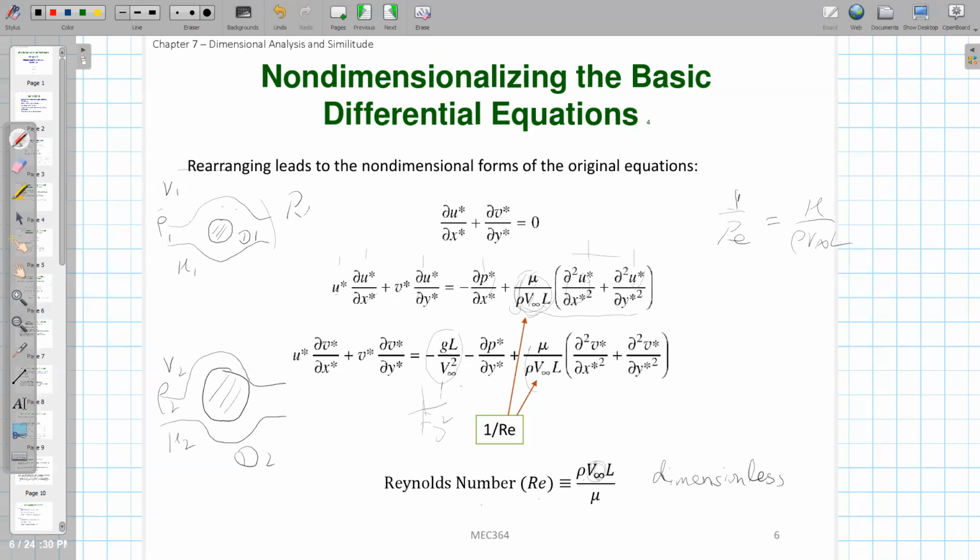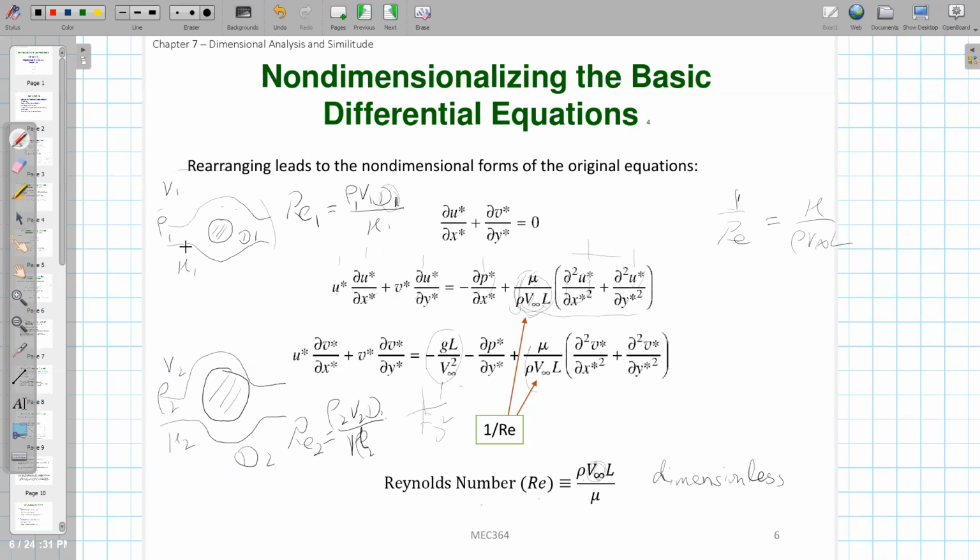For this one, the Reynolds number 1 will be equal to rho1 v1 d1 over mu1. Remember that I'm using the diameter d1 as a reference length here. And for this one, similarly, you have the Reynolds number 2, rho2 v2 d2 over mu2.